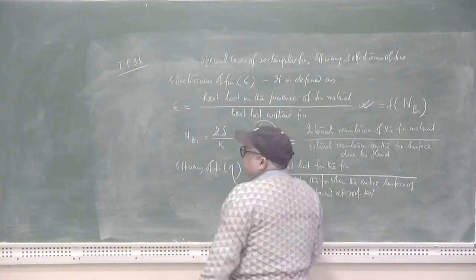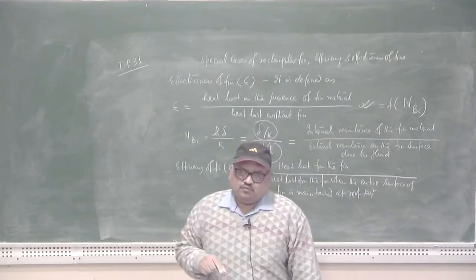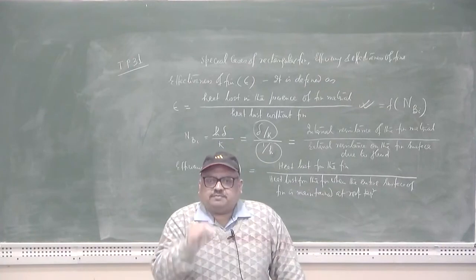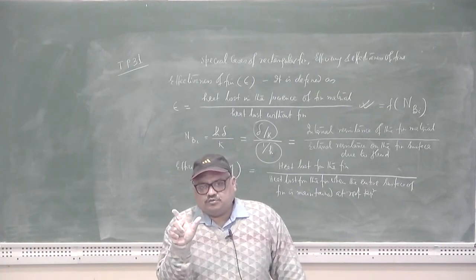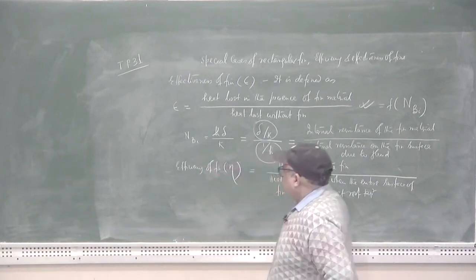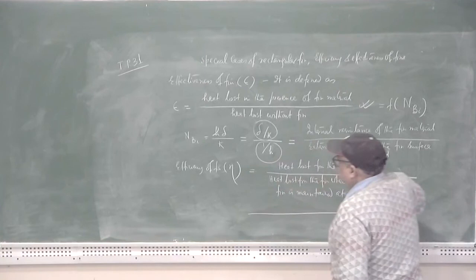Root temperature means the temperature which is prevailing at the base of the fin, that is at x equal to 0. So, this is called the effectiveness of the fin.